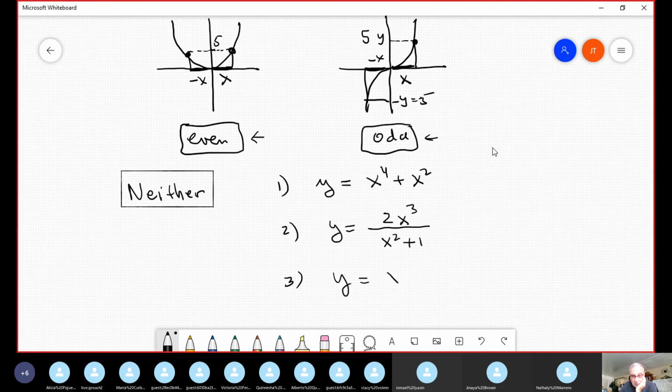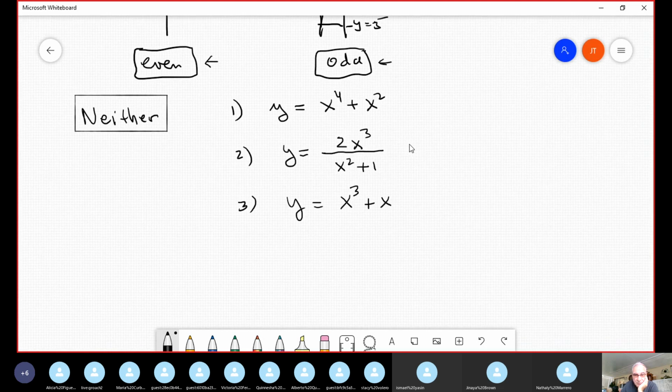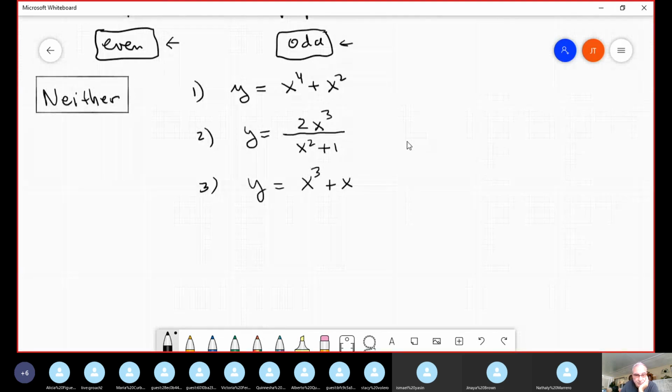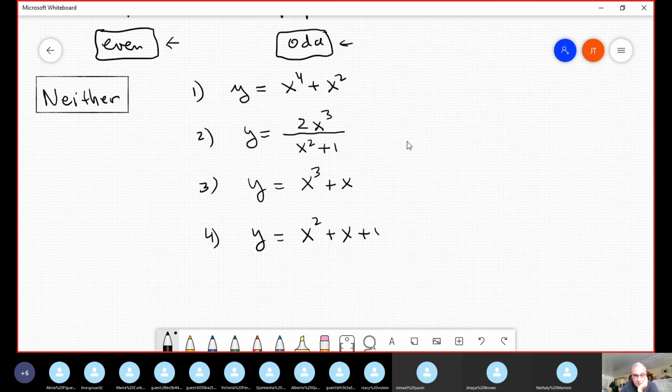Suppose y equals x cubed plus x. One more example, number 4, y equals x to the 2nd power plus x plus 5. Now you prove algebraically whether these functions are even, odd, or neither.